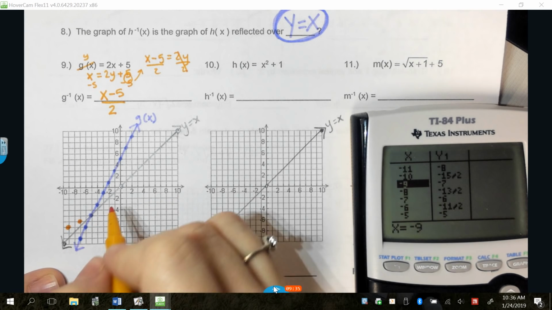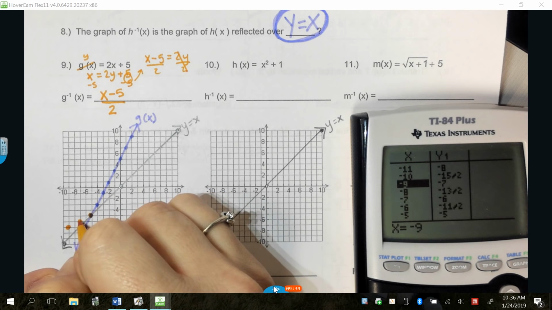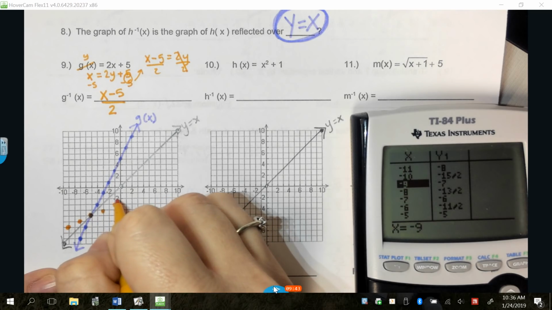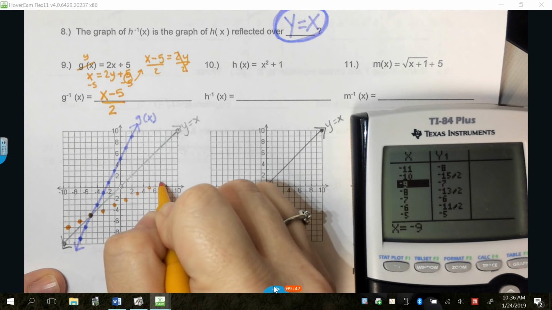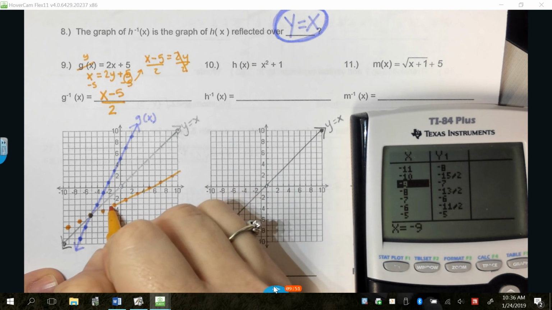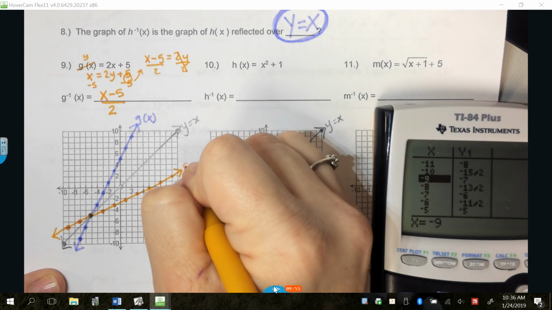Negative 5, negative 5. So it's going up 1 over 2, up 1 over 2. So this is my inverse.